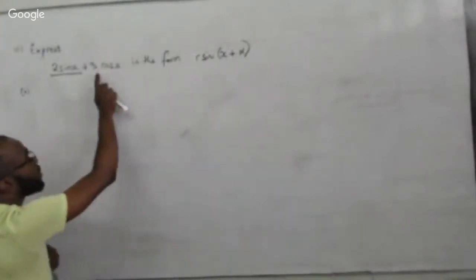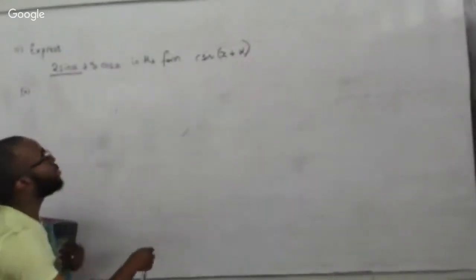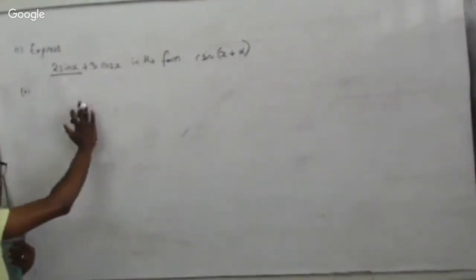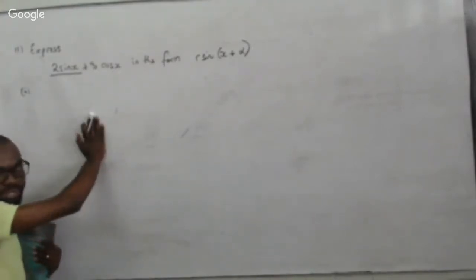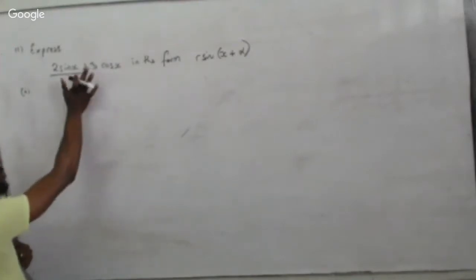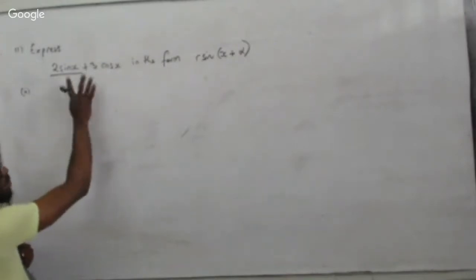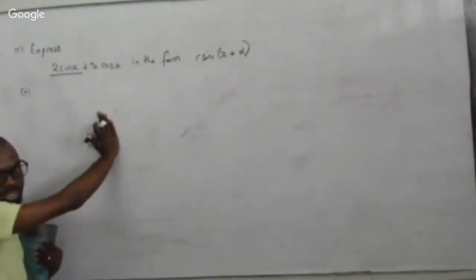If the expression starts with cosine, they usually put it in the form r cosine. But it doesn't restrict you, it's just something that they have adopted over the years and they seem to stick with it. But for any equation that has sine and cosine, because addition is commutative, you could flip it around.